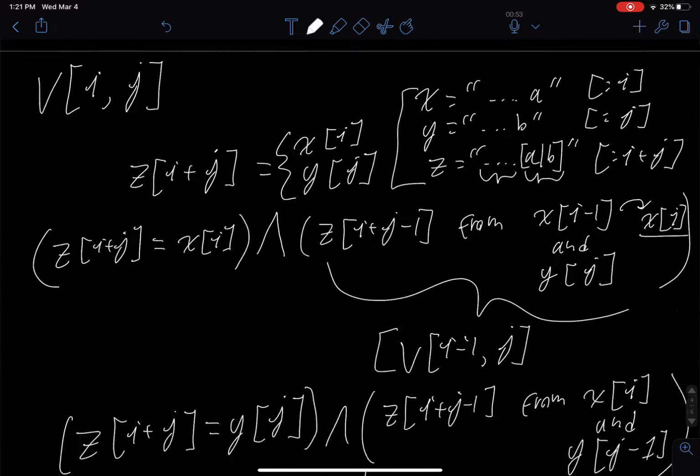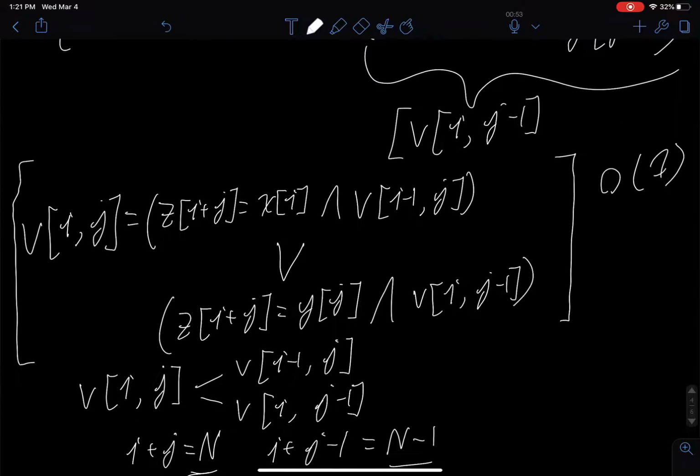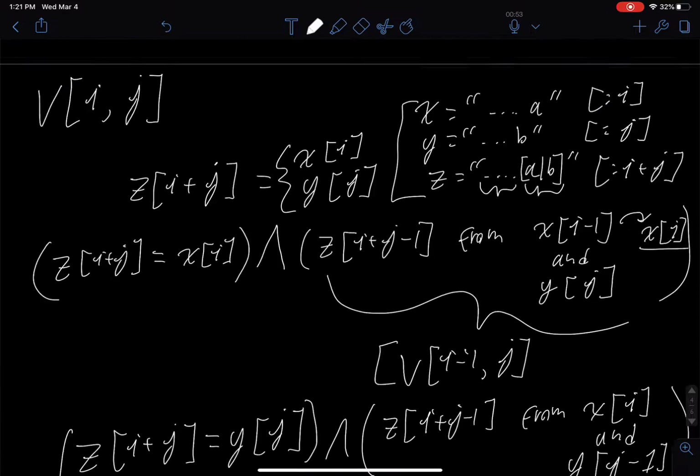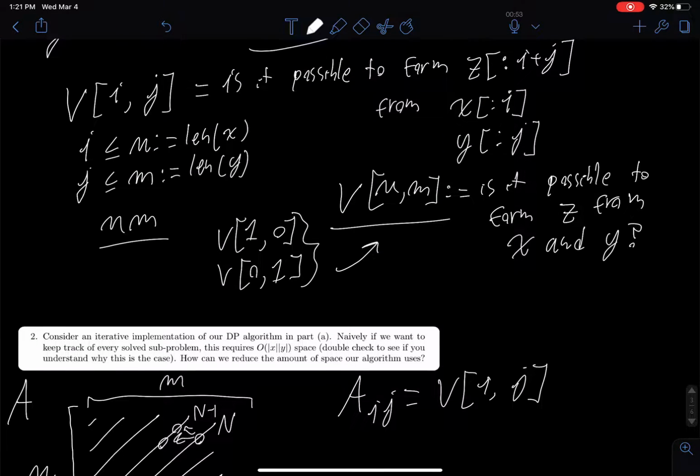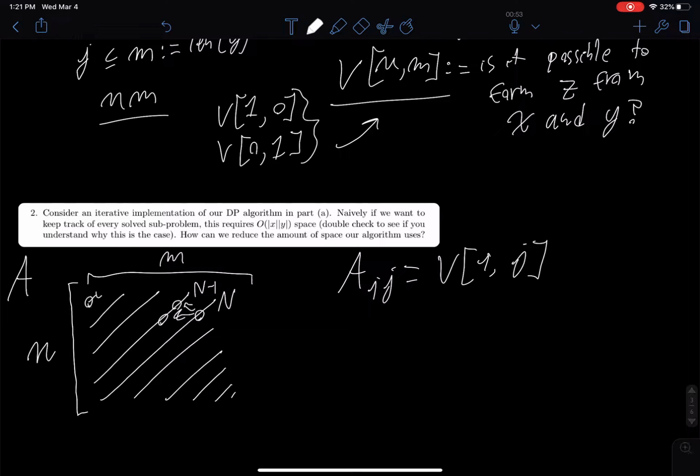We saw from our recurrence relation that to compute any value along diagonal n, all we need to know are the values on diagonal n-1. We start off with the simple ones, v_{10} and v_{01}. Those are going to be the first 2 entries.